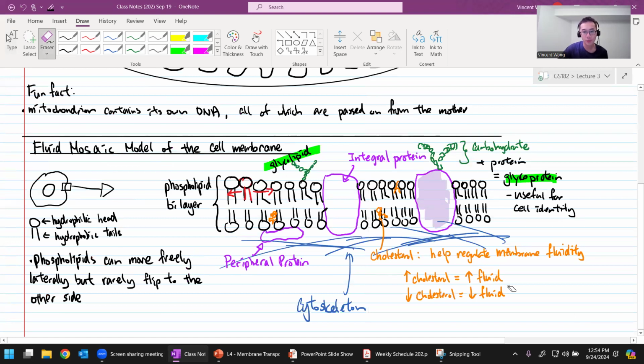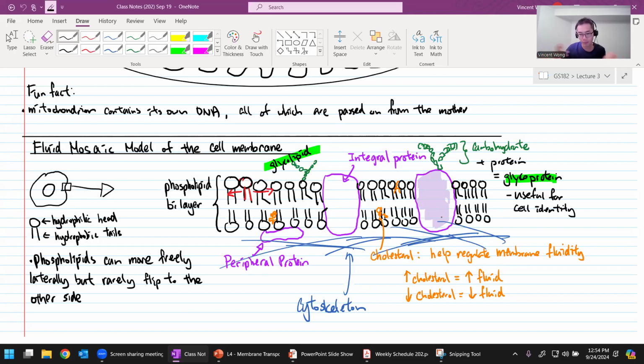So it's over here. You can see more cholesterol means the membrane will be more fluid. And instead of memorizing it, let's try to understand why. When you have the cell membrane, it's mostly made up of phospholipids, and the phospholipids are packing close to each other, right? The more they pack close to each other, the more solid it's going to be.